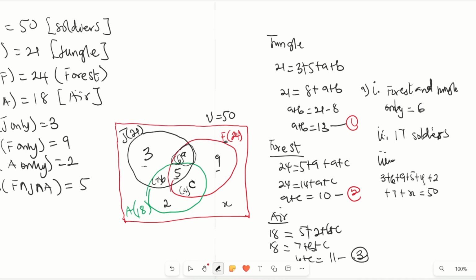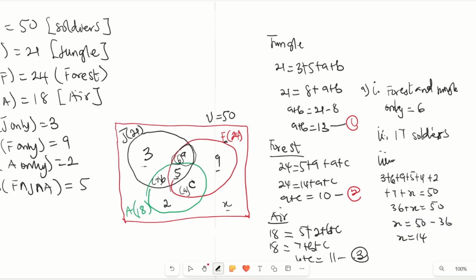Plus 4 we get 27, then 29, then 36. So we have 36 plus x equal to 50. So x is equal to 50 minus 36, which means x is equal to 14.